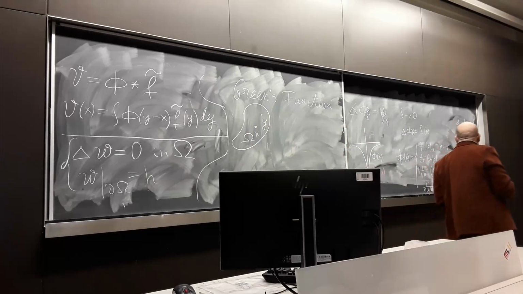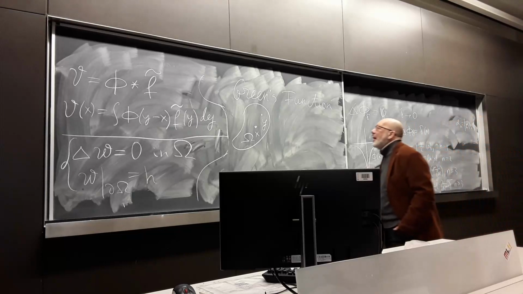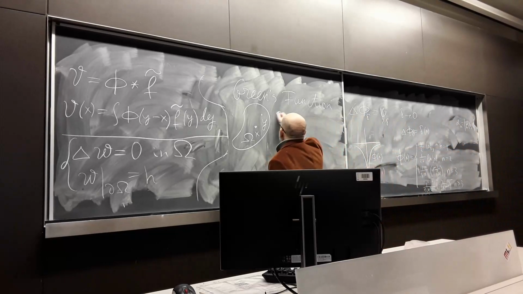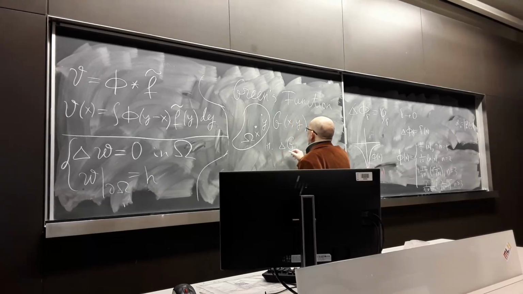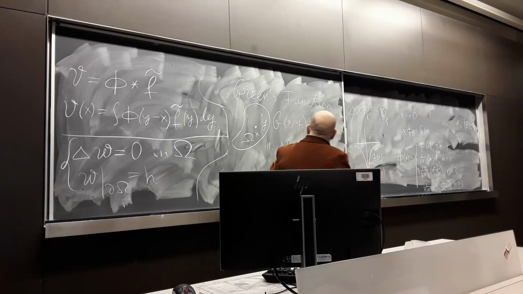So x and y are points of domain omega, and Green's function is the following function g of x, y, such that first, Laplacian with respect to y of g of x, y, because it's a function of two variables, we have to write with respect to which, equals delta of x minus y.